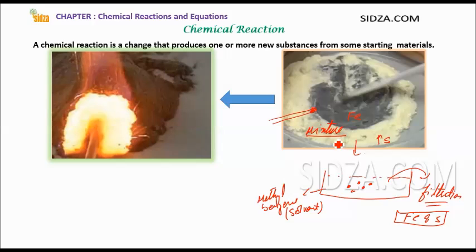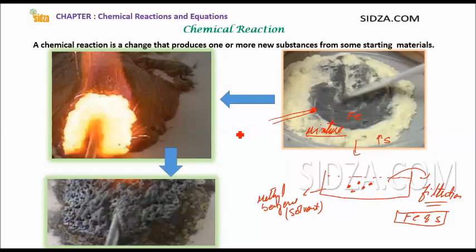After some time you will see the reaction mixture starts glowing and a new substance will be formed. A black substance will be formed, right? Once you heat this mixture, you can insert a hot metal rod in the whole reaction mixture, and after some time you will see the reaction mixture glows, right?